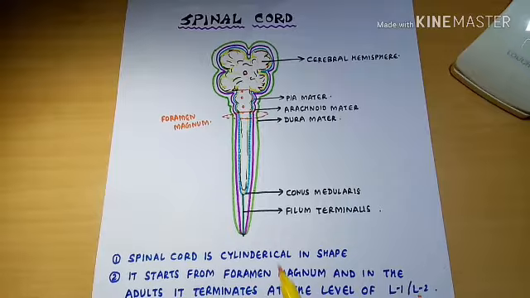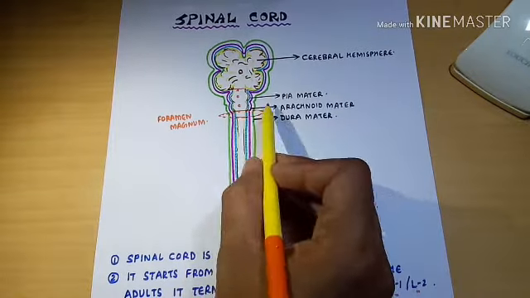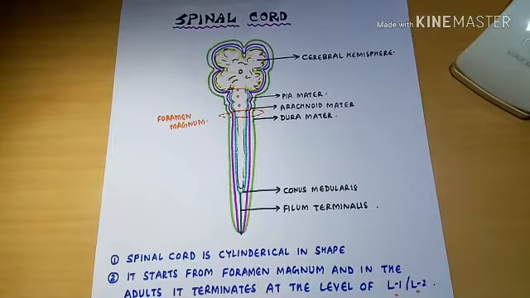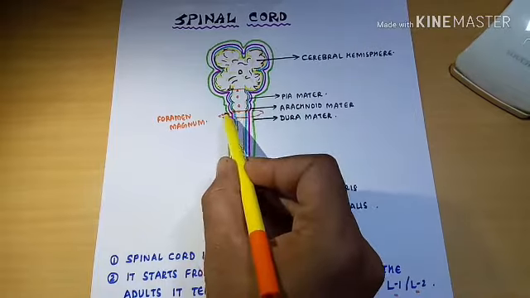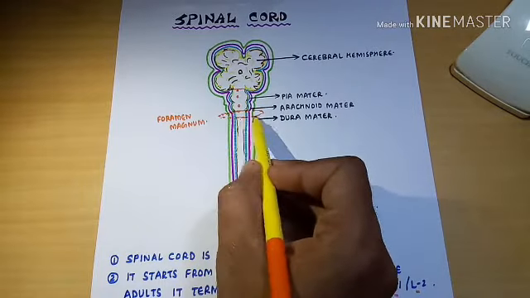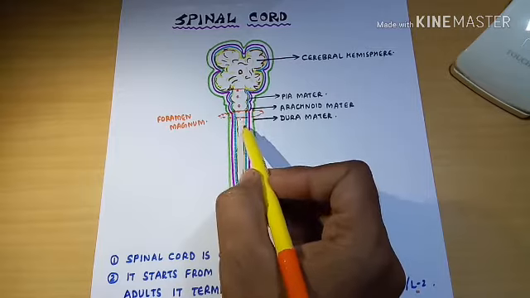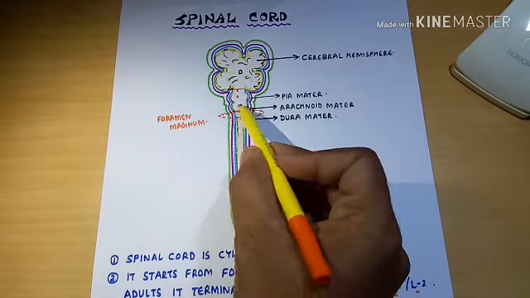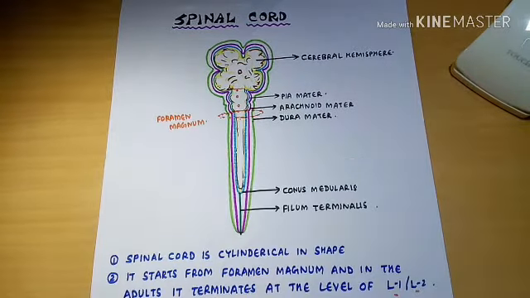This is the foramen magnum. The foramen magnum gives the partition between the brain and the spinal cord. Below the foramen magnum the spinal cord is present, and above the foramen magnum the structures of the brain are present.